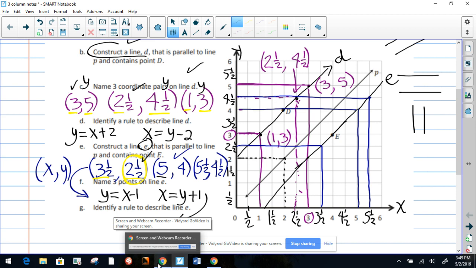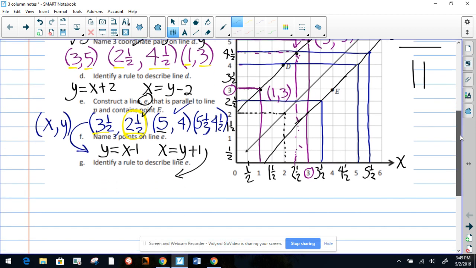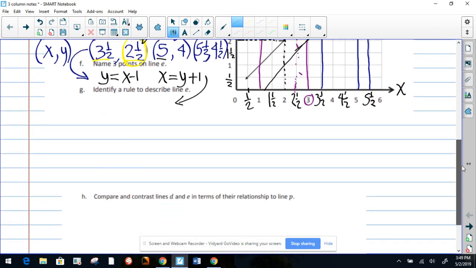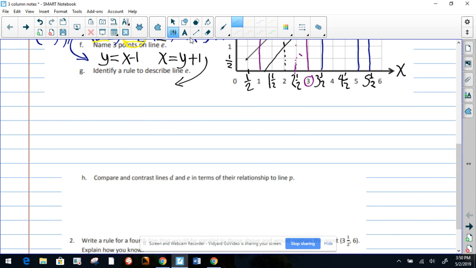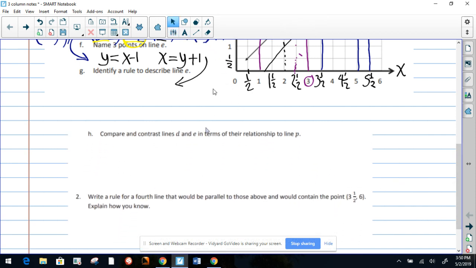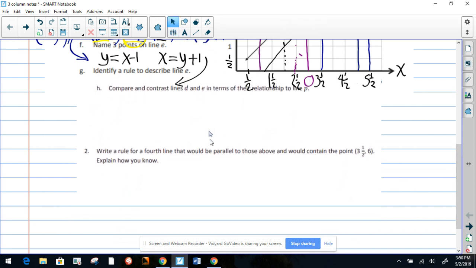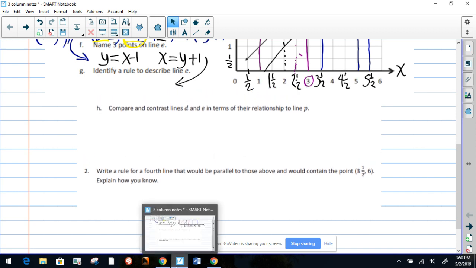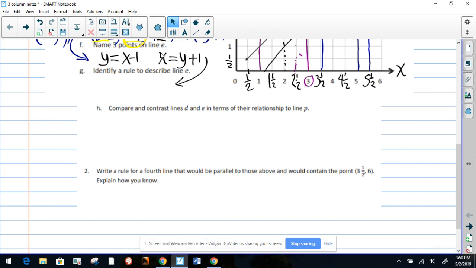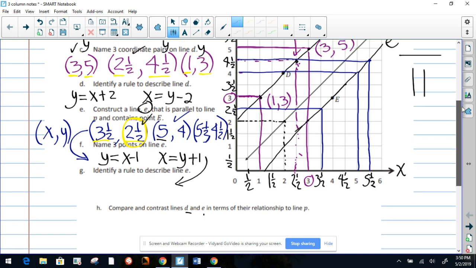Okay, my friends. So this is part of this plotting numbers on this number line. And we have just a couple more questions right here. It says compare and contrast lines D and E in terms of the relationship to P. So if I compare them both, I compare lines D and E in terms of the relationship to P. So let's see where P is.